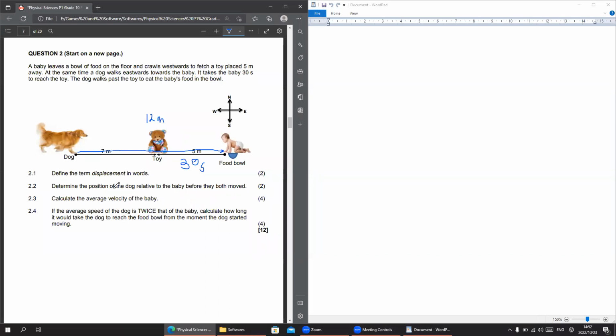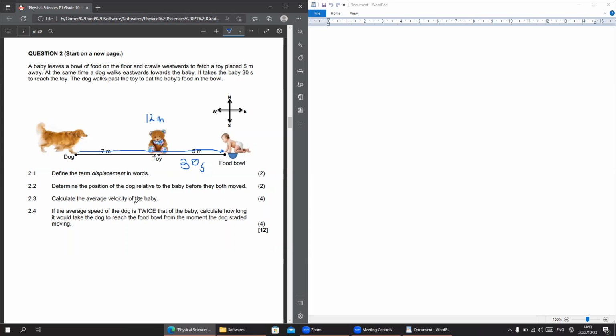So when they say determine the position, you already know that the baby is 12 meters away from the dog. So that's basically gonna be a position. If you were to draw a vector diagram, the baby will be 12 meters away from the dog. So that's the position.